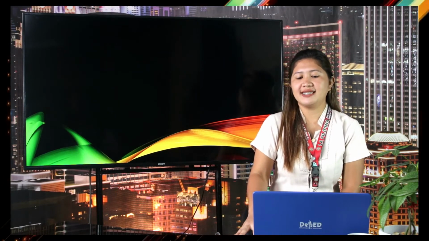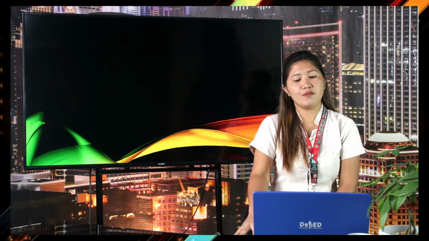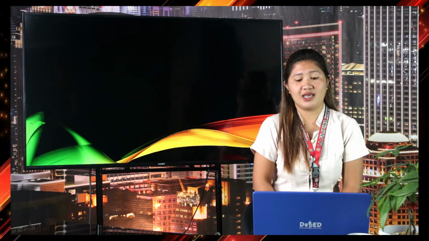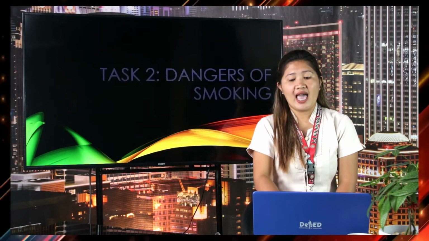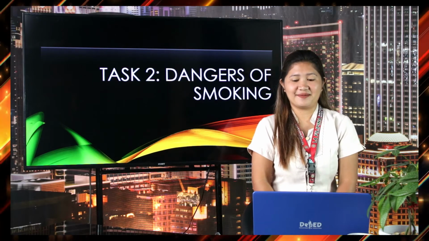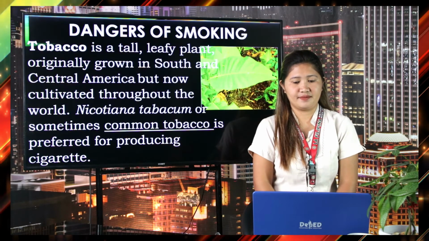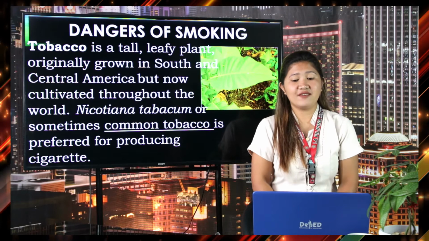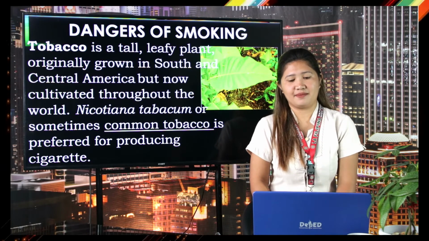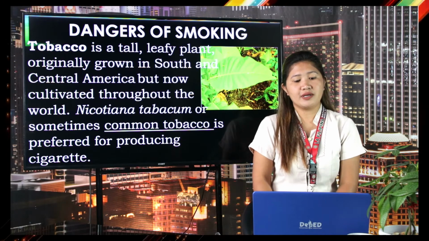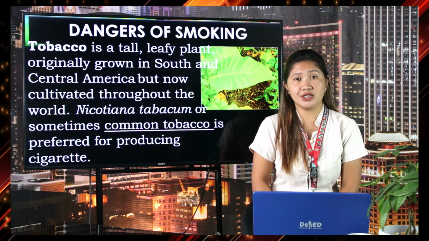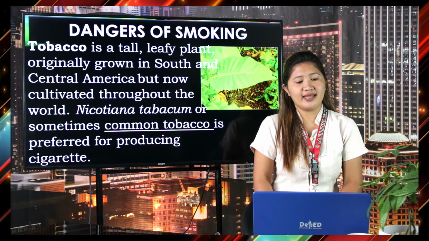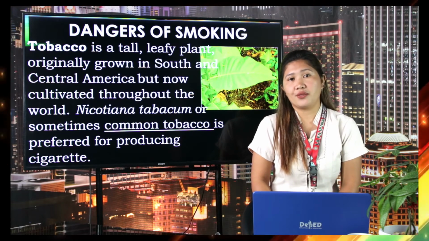For our second task, we are going to learn more about the dangers of smoking. Listen carefully as I discuss the important points about the topic. First, let's define tobacco and cigarette. Tobacco is a tall, leafy plant originally grown in South and Central America, but now cultivated throughout the world.